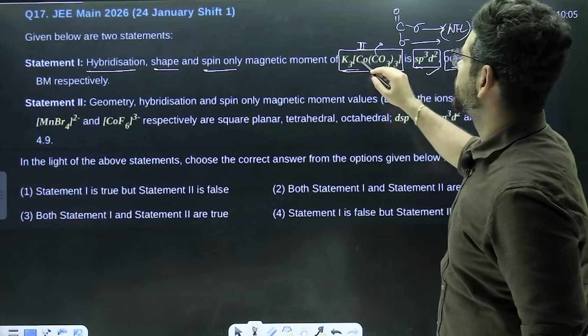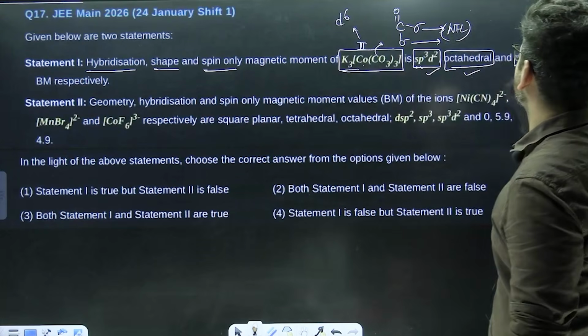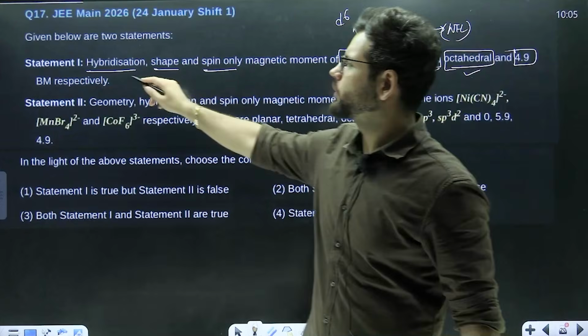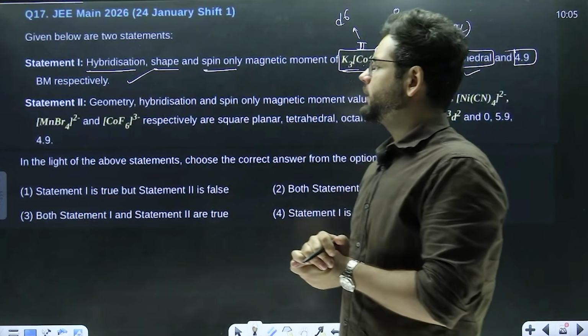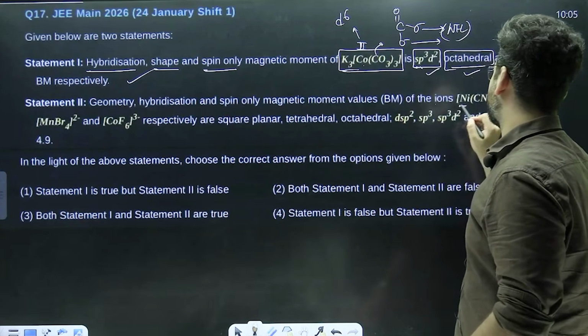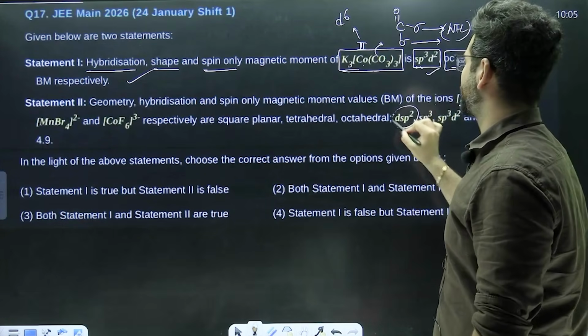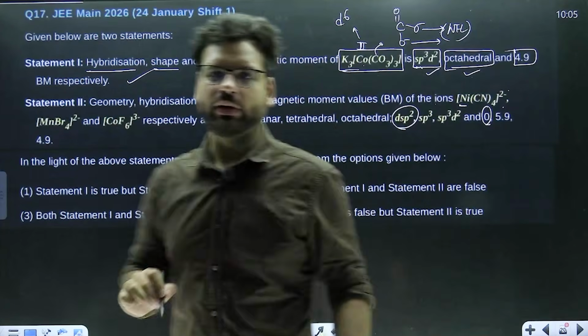And Co plus 3 means d6 configuration. 4 unpaired electrons will make it 4.9 Bohr magneton. So it's all correct. It is a correct statement. Then they say geometry, hybridization and spin only magnetic moment of these ions. Nickel cyanide 4 2 minus, just now we have seen, was dsp2 and it was diamagnetic. So that's absolutely correct. dsp2 diamagnetic.